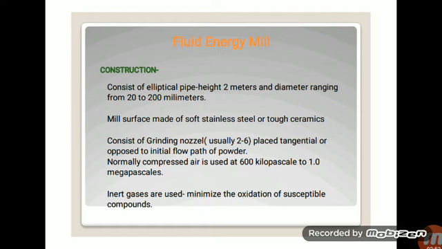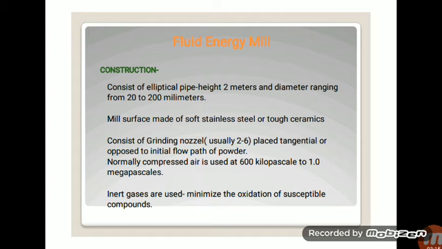Usually these grinding nozzles may be 2, 4 or 6 etc. These grinding nozzles are placed tangentially at the bottom, opposite to the initial flow path of the powder.